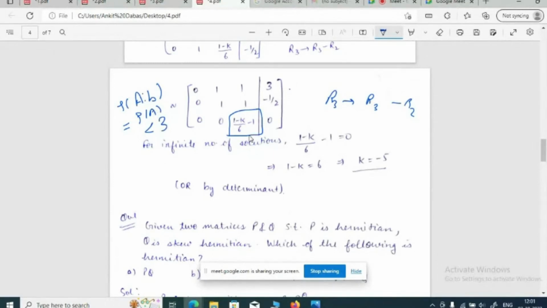Whatever value you choose, rank of A augmented B will always be equal to rank of A, because this term is 0, so it is not going to affect that. So we have to make sure that (1 minus k) upon 6 minus 1 is equal to 0, because if this is not equal to 0, then the rank will be 3, and in that case we will get a unique solution. So computing this, we will get k is equal to minus 5.